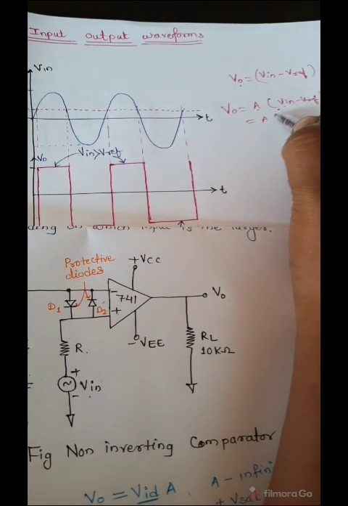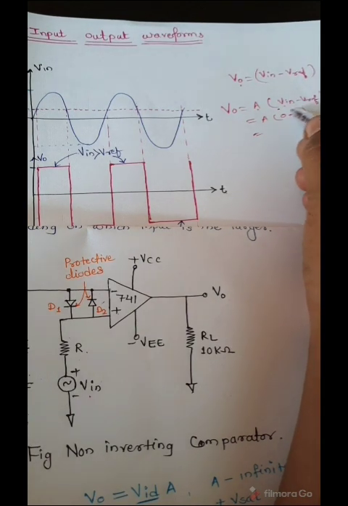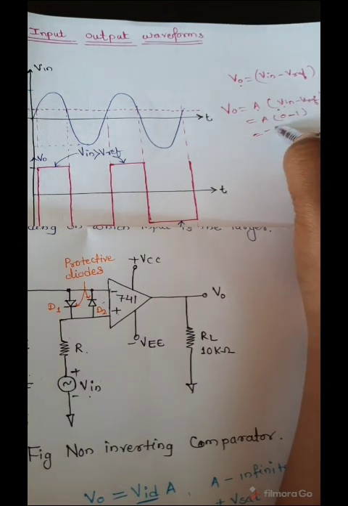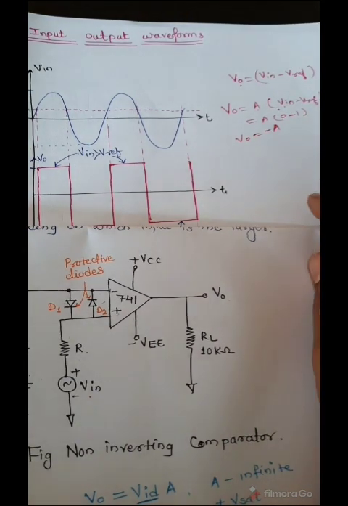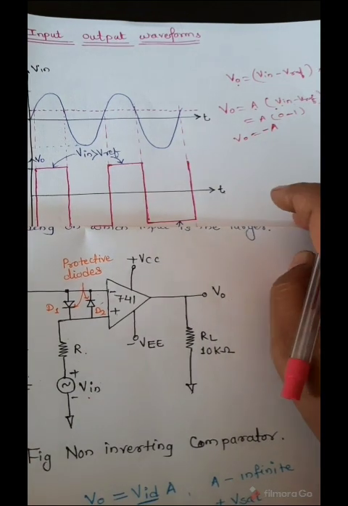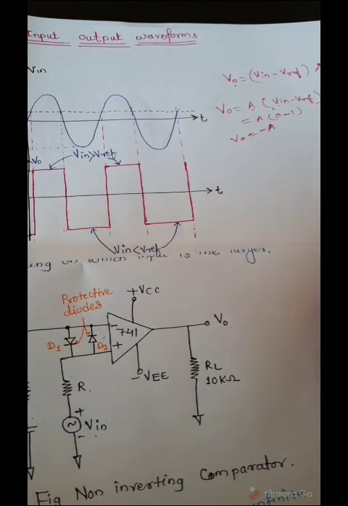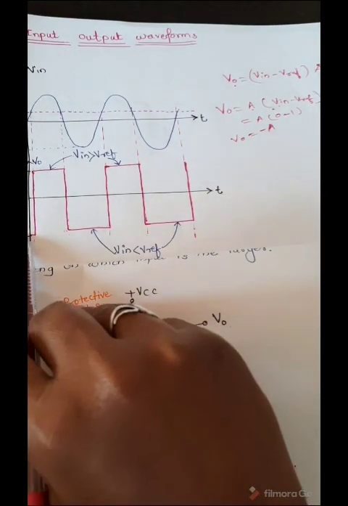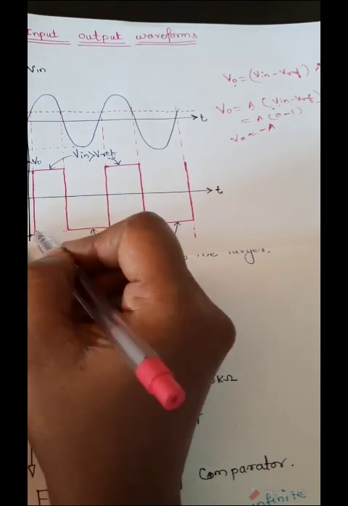So the differential voltage has a negative polarity, minus 1, so the output is minus A. The output voltage is at negative saturation, because the op amp has a specific saturation value and beyond that it cannot produce output voltage. So the output will be at negative saturation, as we can see in the waveform.